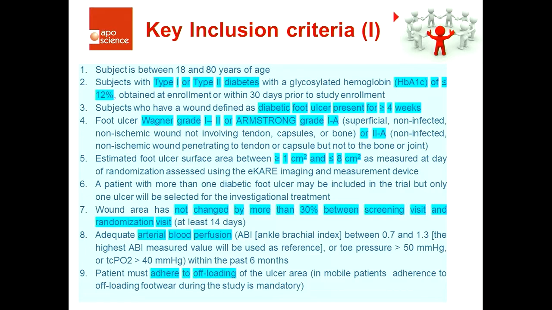The next thing is that we talked about the observation period. During this 14-day period, the wound should not change more than 30% between the screening visit and the randomization visit. And further, as we talked about, the arterial perfusion has to be given. So we understand that not all clinics have these facilities.